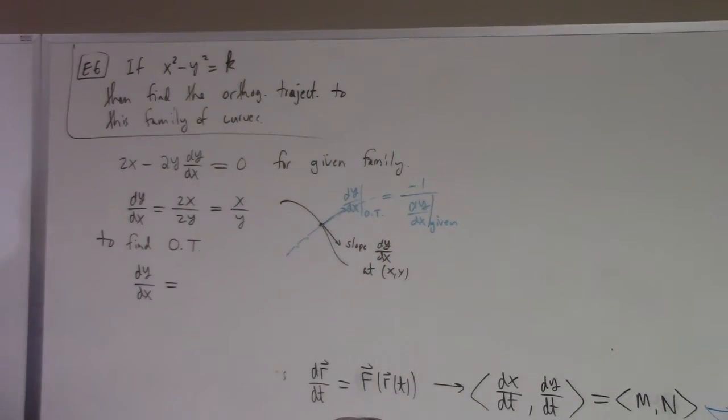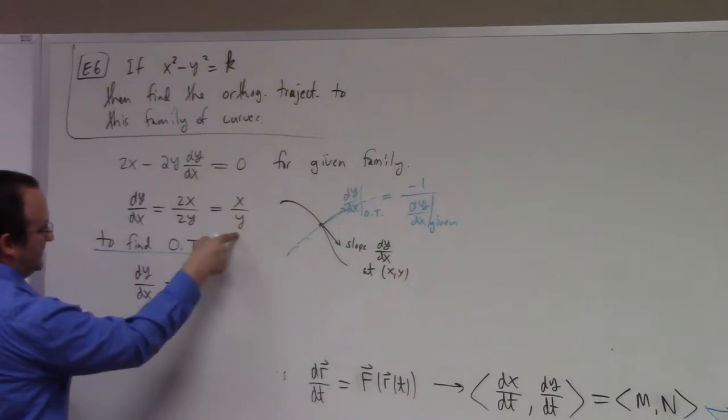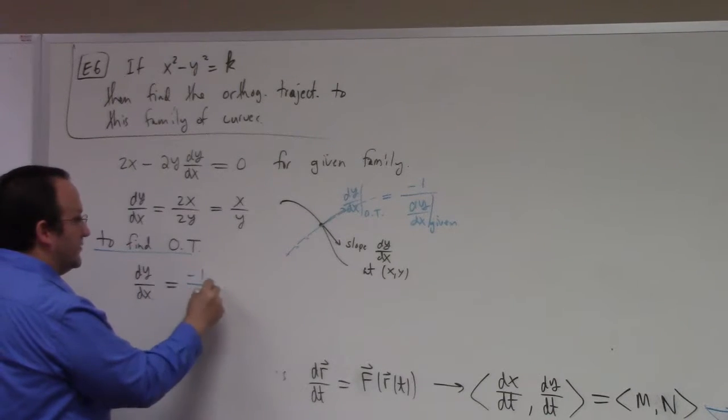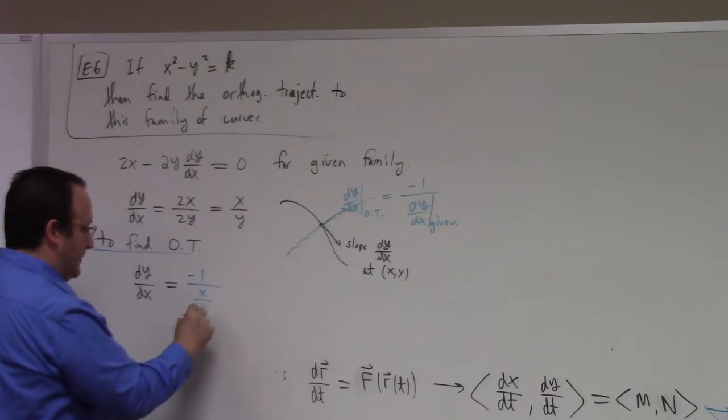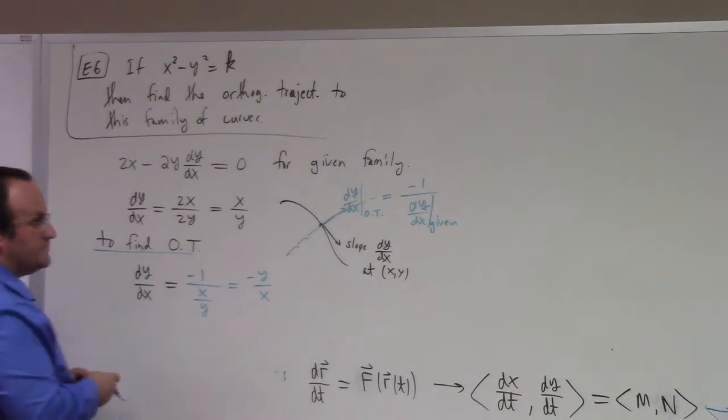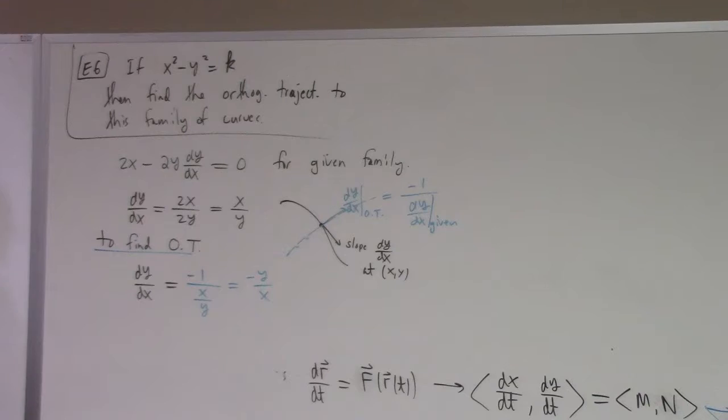You have to be careful, right? There's the dy/dx of the orthogonal trajectory, which is what we're trying to find. There's dy/dx for the given curve, which is given, right? So to find the orthogonal trajectory, I don't solve dy/dx equal to x over y. I solve dy/dx equal to what? Well, minus 1 over x over y, also known as minus y over x. What I'm showing you right now is the calculus 2 way of thinking, all right?